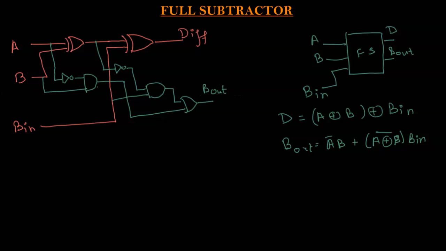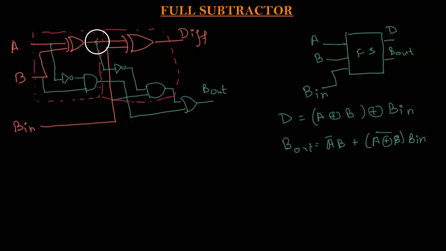Now, if you identify, we can see that this part of the circuit and this part of the circuit are repeating. Just before this topic we were talking about the half subtractor.